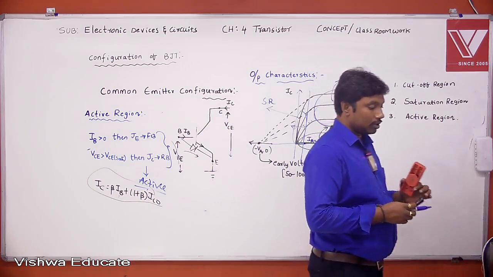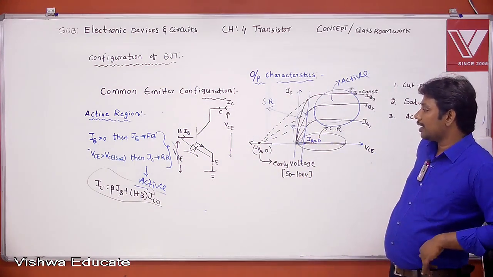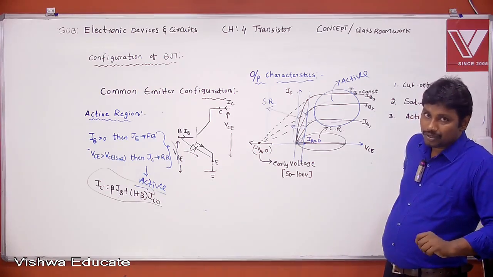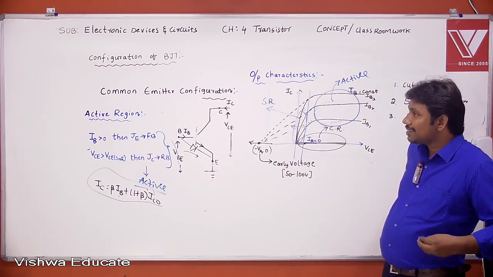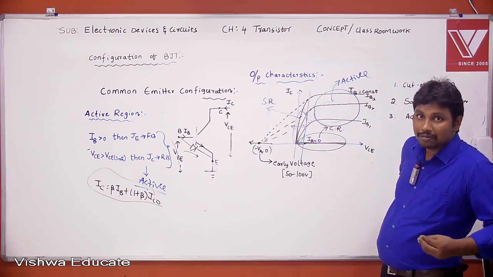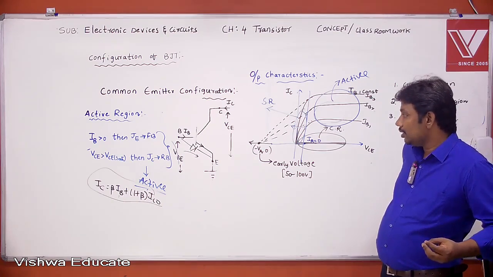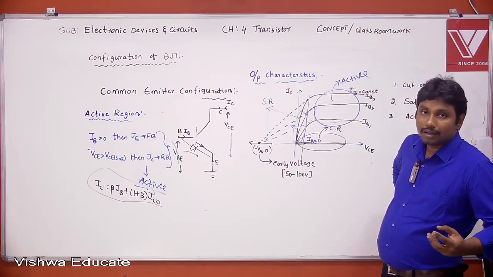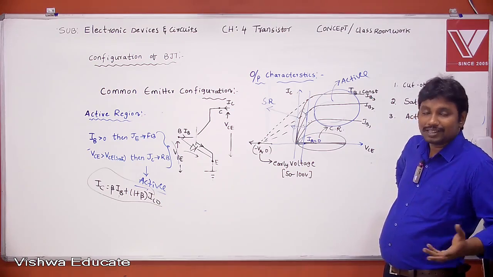Write down. Next heading, active region. The region in which IB is greater than 0, and VCE greater than VCE of SAT, the right part of VCE sat.